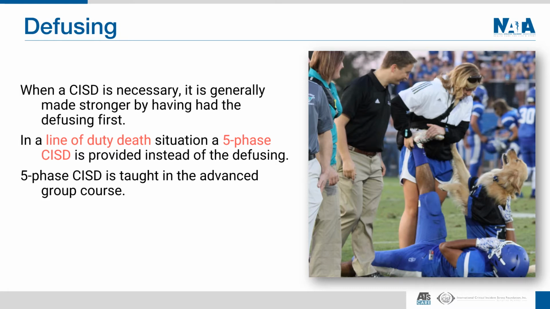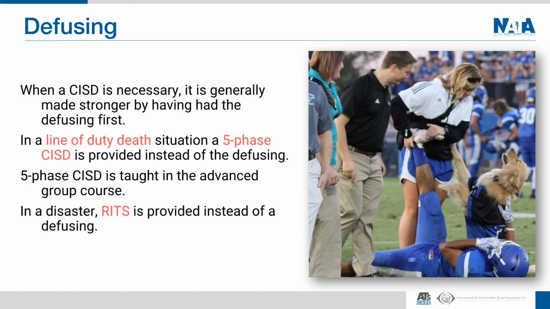This particular technique is taught in an advanced group crisis intervention course, but we want you to be aware that in the situation where you might have a line of duty death, you're probably going to want to access members of your team who are trained in advanced group crisis intervention and who also probably have some higher levels of experience in conducting group interventions.